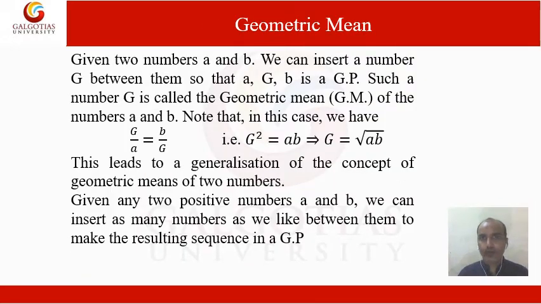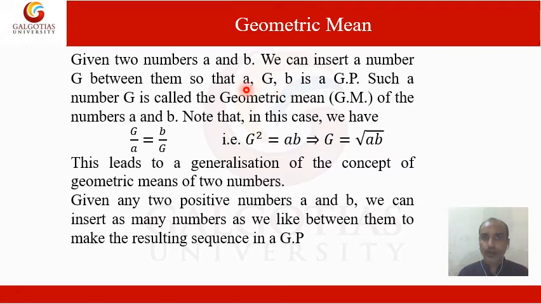The next topic of today's lecture is geometric mean. So we will discuss the geometric mean of two numbers. For this, let us consider two numbers a and b which are distinct, and we can insert a number capital G between these two numbers a and b in such a way that the numbers a, G, b form a GP. If the numbers a, G, b form a GP, then the number capital G is known as the geometric mean of numbers a and b.